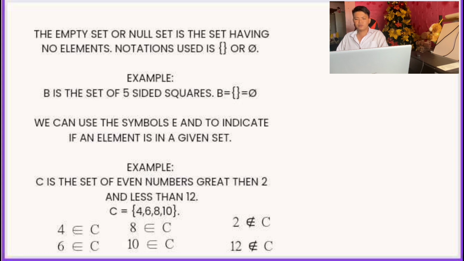Also, we don't include 12 because 12 is not less than 12. So we say 4 is an element of set C, 6 is an element of set C, 8 is an element of set C, and so is 10. We can also say that 2 is not an element of set C, and 12 is not an element of set C, and of course, many others.